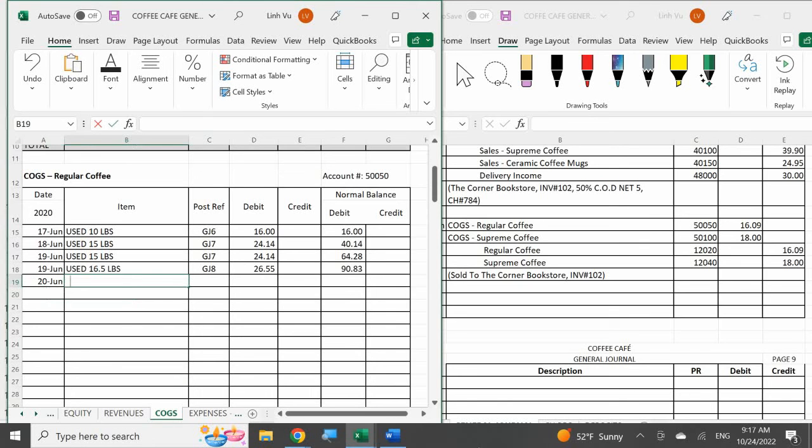What do we do? So 10 pounds. For how much? $32.90. That's what we sold it for, but are we dealing with sales right now? No. So how much did it cost me to sell 10 pounds? What does your journal say for the cost of goods sold?